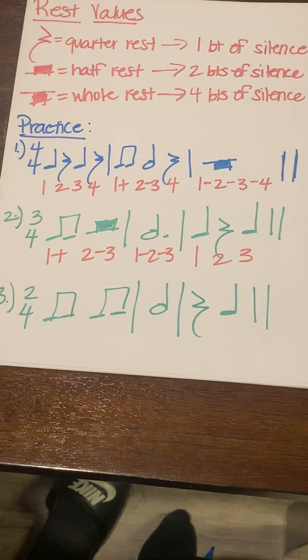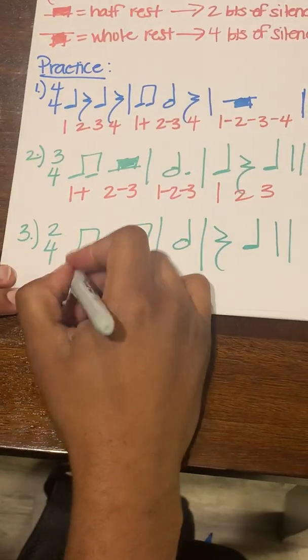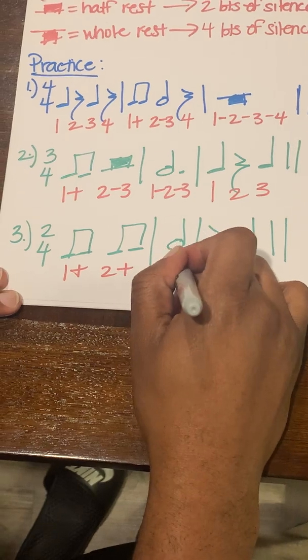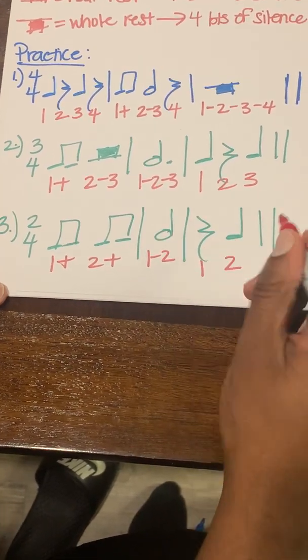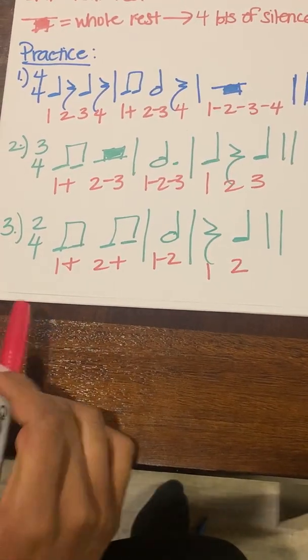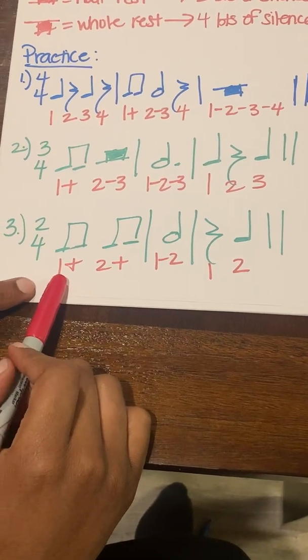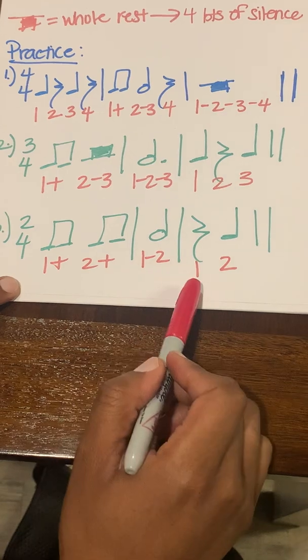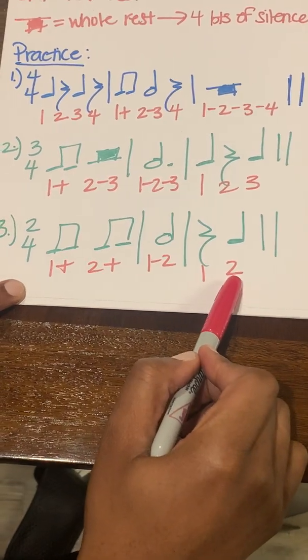Okay, we're going to write in our beats. All right. Now, let's count this aloud. Ti, ti, ti, ti, ta, ta.